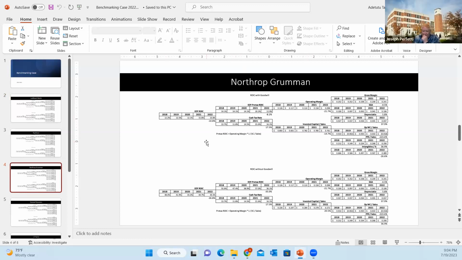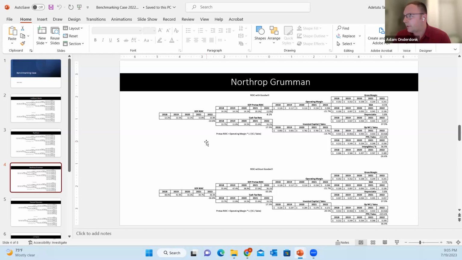All right. So we had Northrop Grumman, and their end of year ROIC decreased over the 5 years from 12.2% to 10.8%, which was roughly an 11% decrease. The main contributors were the cash tax rate, which changed by 17.5% over the 5 years, with a large bump in 2021.